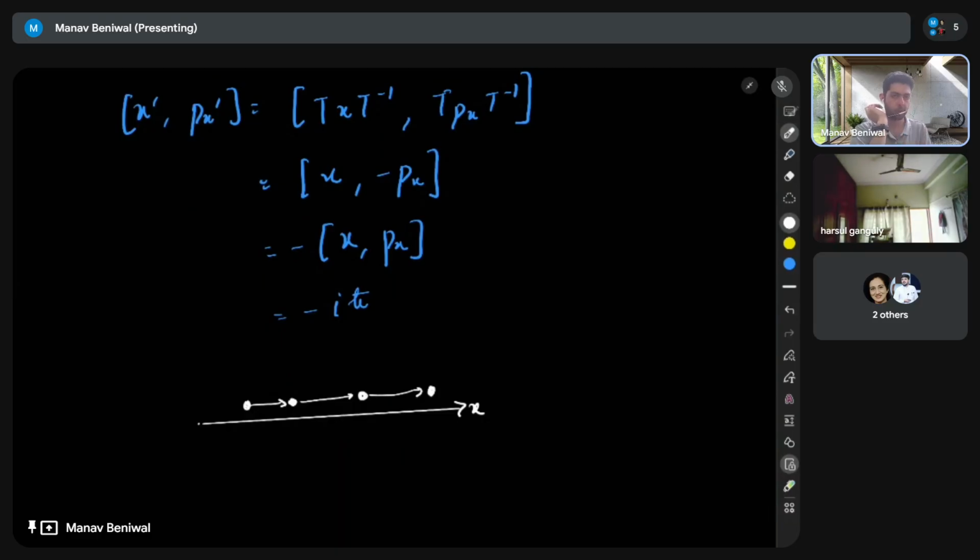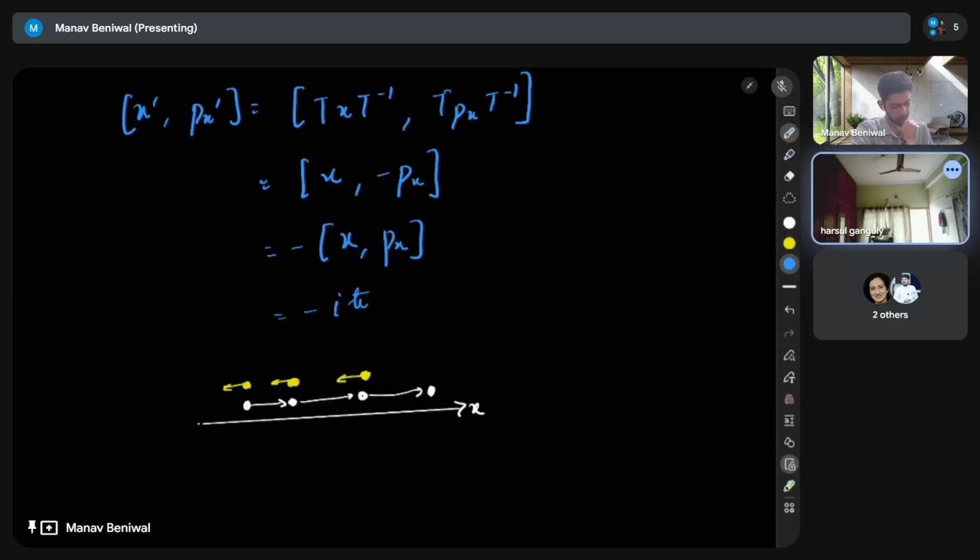You record this and then you rewind it. Time reversal is basically just rewinding. So when we rewind it, your particle will be here 1 second earlier, here 2 seconds earlier, and then here 3 seconds earlier. But the direction of its velocity will be opposite. You'll see that it is moving in the opposite direction, correct?